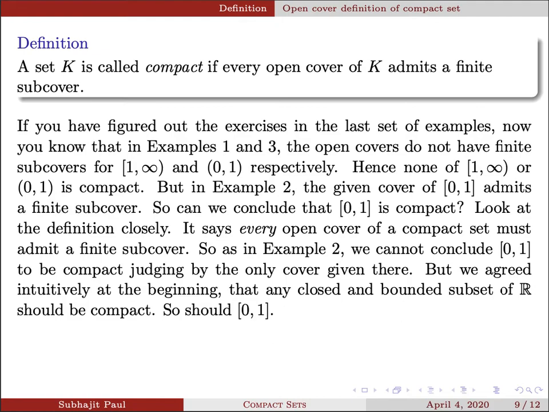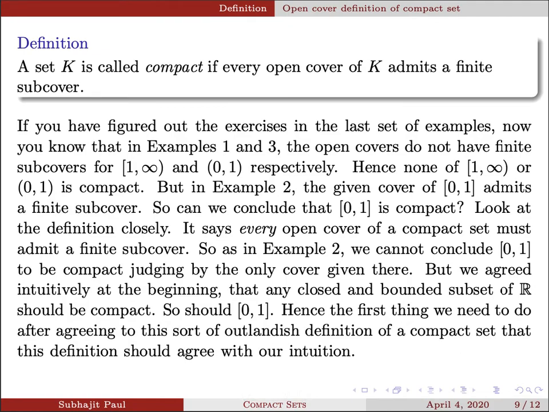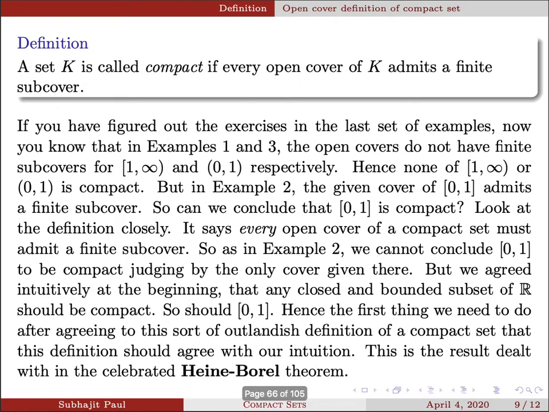Only then can we say [0, 1] is a compact set. So the first thing to do, after agreeing to this sort of outlandish definition of compact set, which is not for real numbers definitely, is to check that this definition agrees with your intuition in R, right?